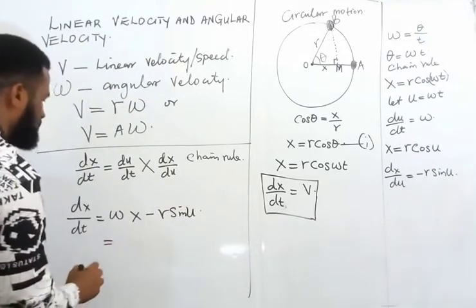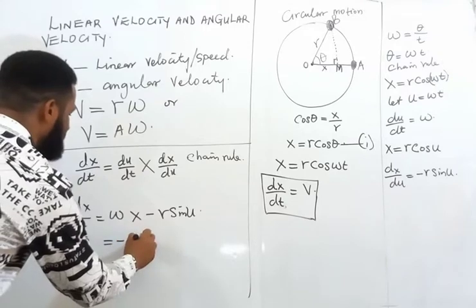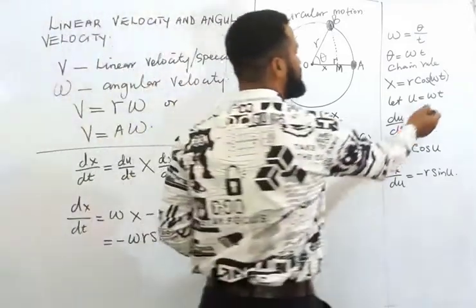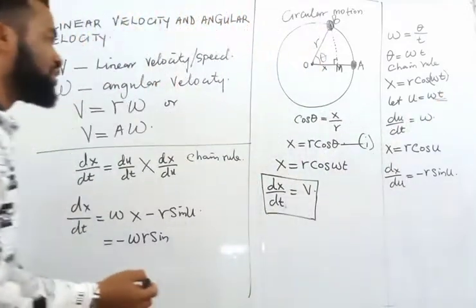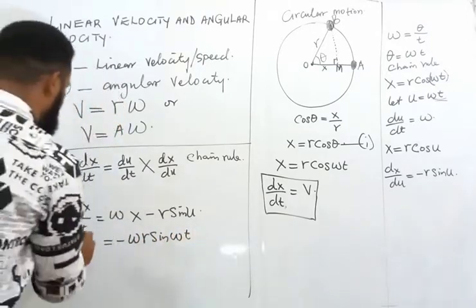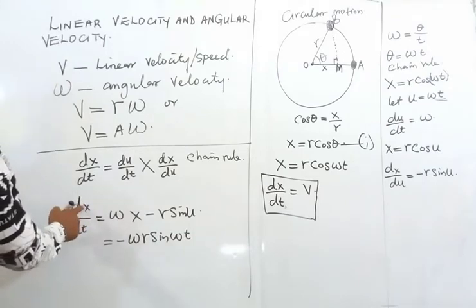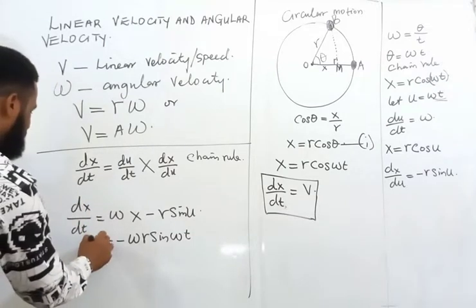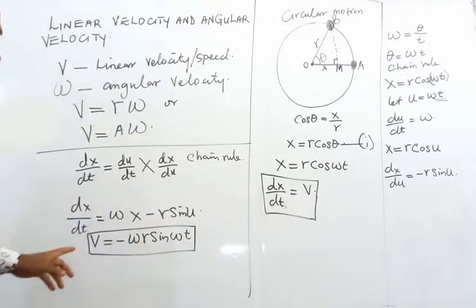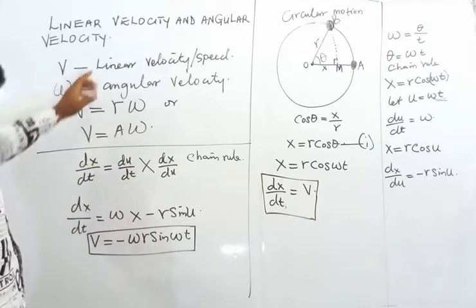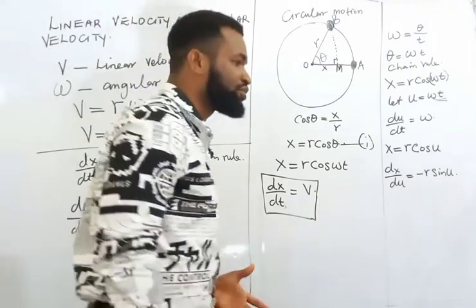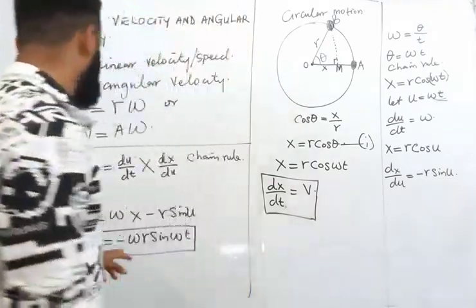And the whole expression becomes minus omega r sine. Instead of writing u, remember that u is omega t, because I want it to be left with a function of time. So I say omega t. Therefore, dx dt is the same thing as v. This is the expression for velocity of a simple harmonic motion, which has the same relationship with a circular motion. And this is it.